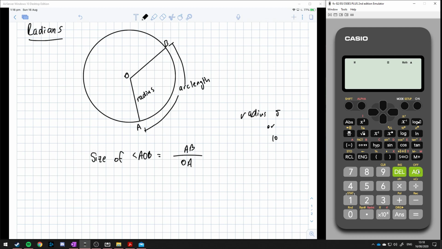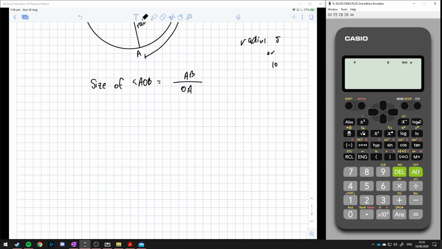So what we can do is have a look at the arc subtended by a revolution. So let's say we have a circle, okay, and the radius of that circle comes out like this, from the center towards the outside, and we're essentially measuring the whole length.